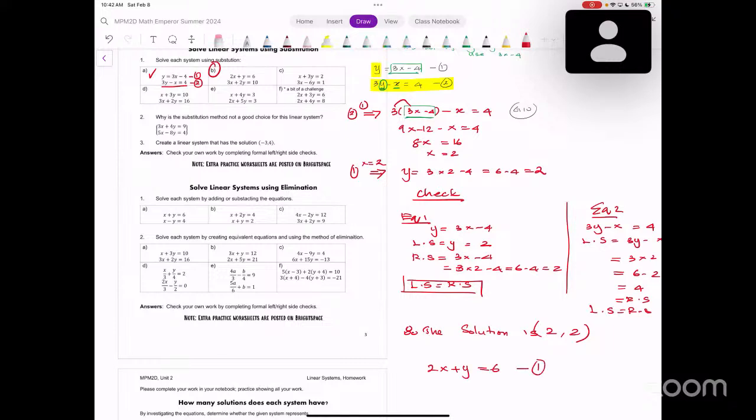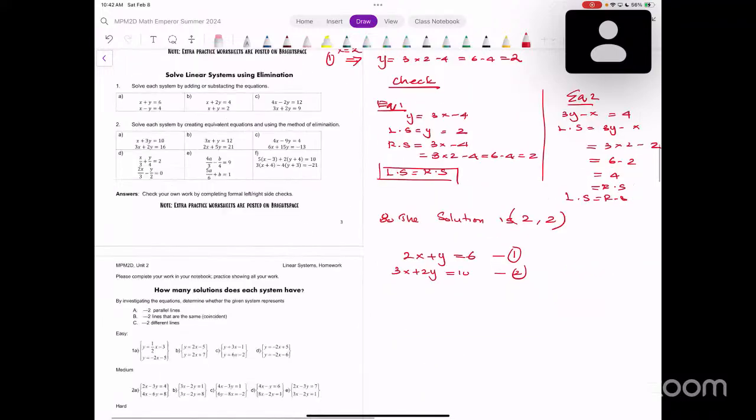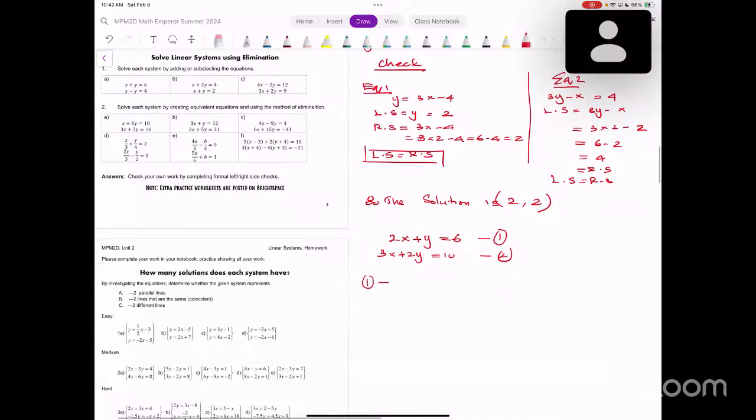Equation number 1. 3x plus 2y is equal to 10. Equation number 2. We can say from equation number 1, we can isolate y is equal to 6 minus 2x. Let's call that star. In equation number 2, I'm going to use the result of the star. So 3 times x plus 2 times y, 6 minus 2x, is equal to 10.